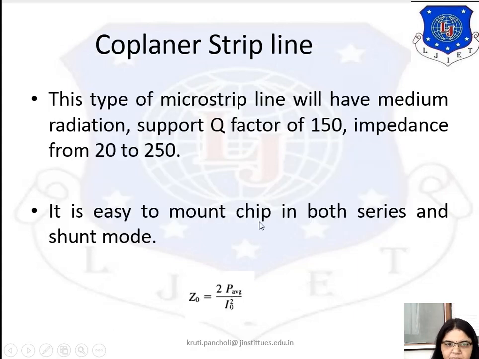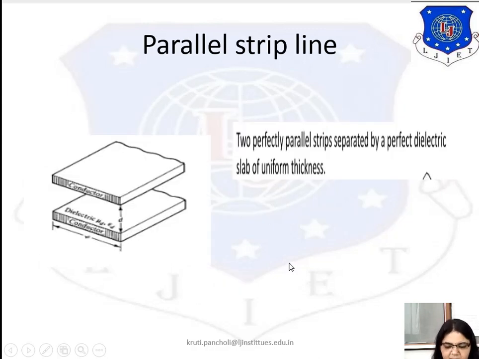This type of strip line has a medium radiation and supports a Q factor of 150, impedance from 20 to 250. It is easy to mount a chip in both series and shunt mode. Z0 is equal to 2 P average upon I0 square. It is the parallel strip line.